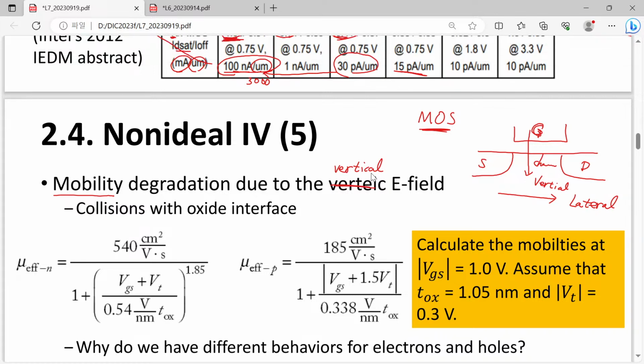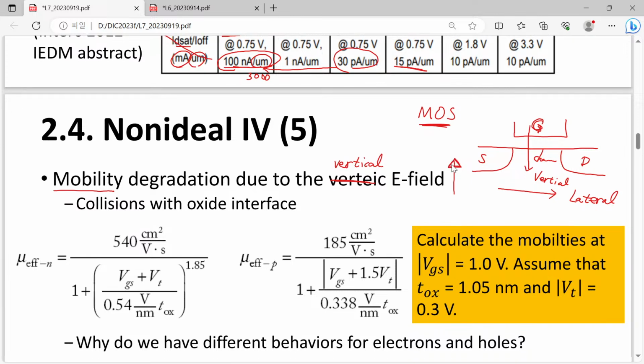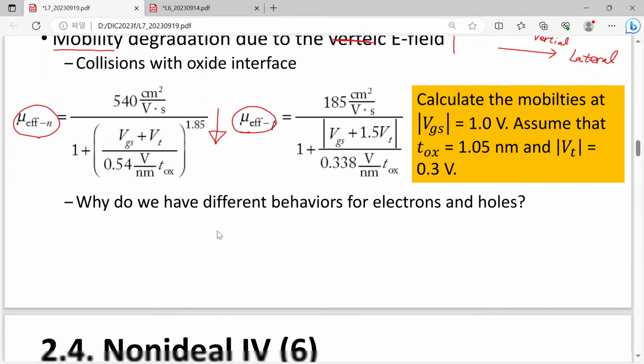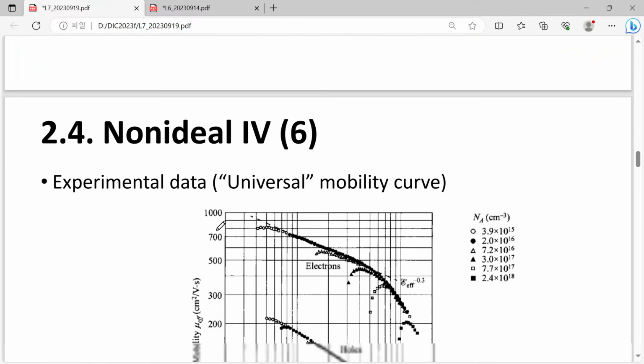Simply speaking, when we have higher and higher vertical electric field, the mobility of holes and electrons are both reduced. That is quite a simple rule. So are you all with me? So I can move to the next one.